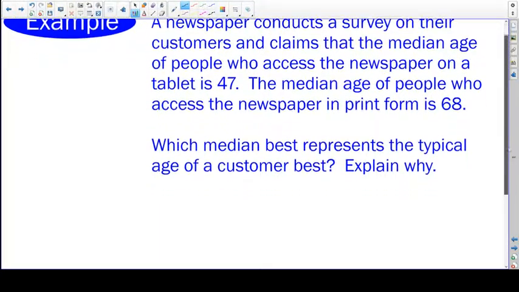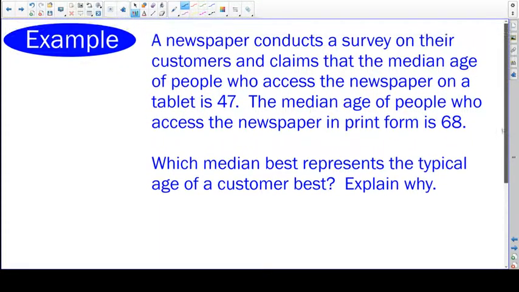Well, to do this question, I guess what we have to do is think of who the typical customer of a newspaper is. And if we think about that, is there going to be more people reading it on a tablet, smartphone, or something like that, or somebody that actually accesses the newspaper physically?